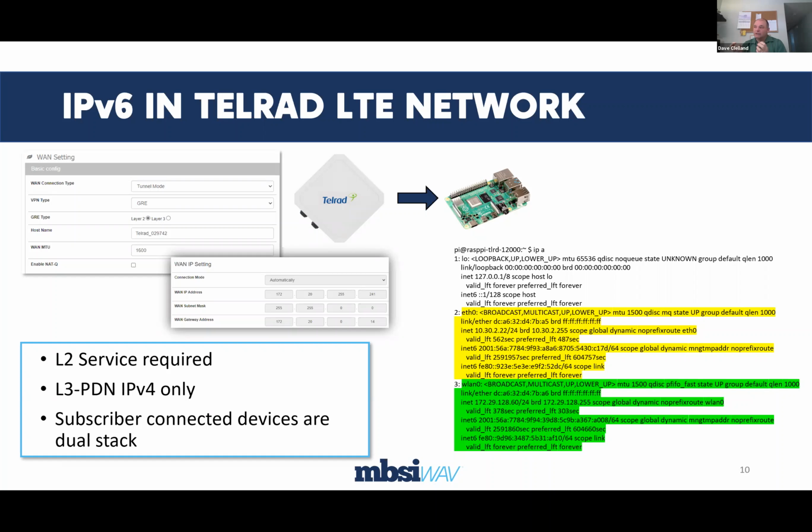So I have my physical connection, the link local. I have my virtual connection, the inet6 address, and my Raspberry Pi is running in dual stack. And so we'll see that in a second here. I'll do a little demo and we'll bring this up.